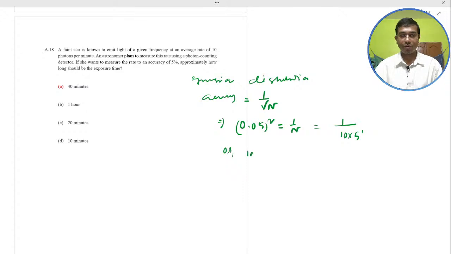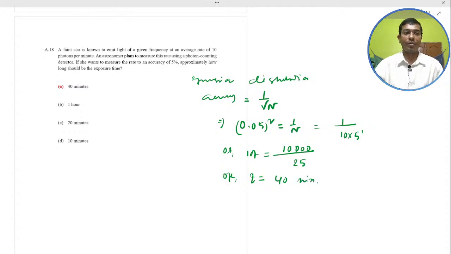So 10T is equal to 10,000 by 25, or the T will become 40 minutes. 40 minutes would be the correct answer. Option A is correct.